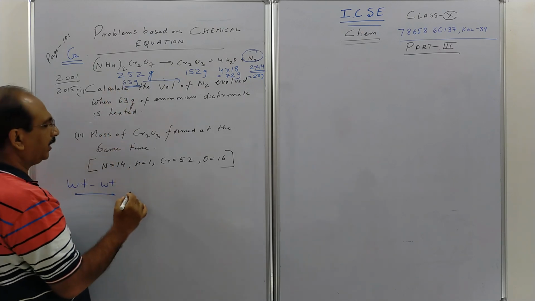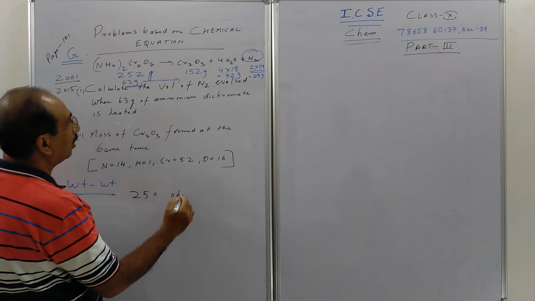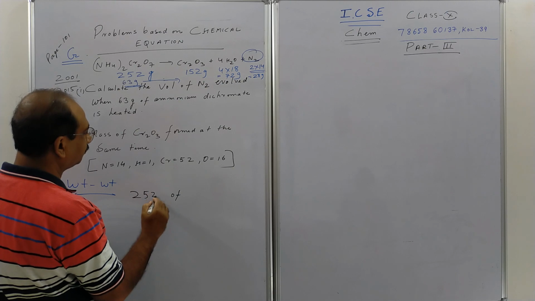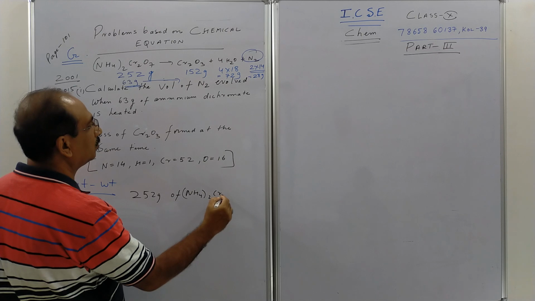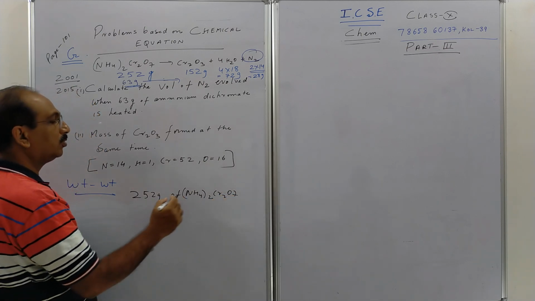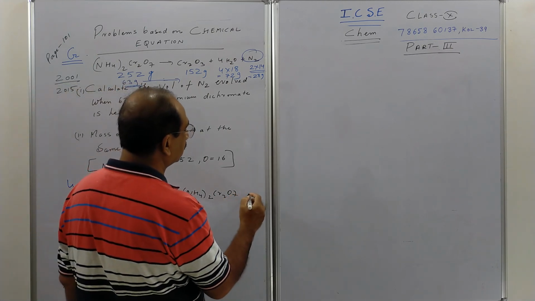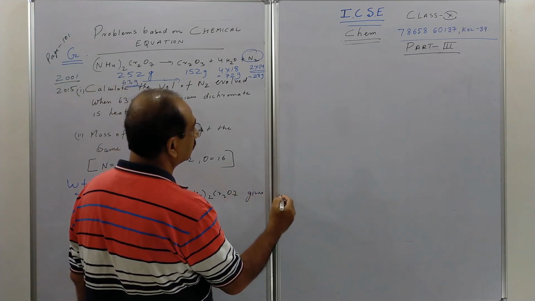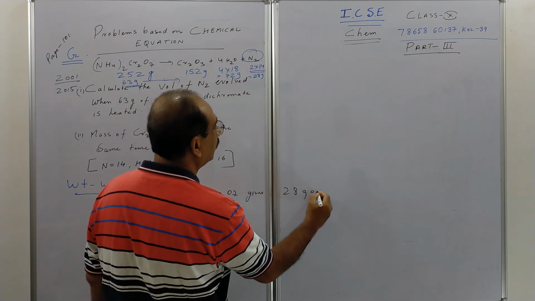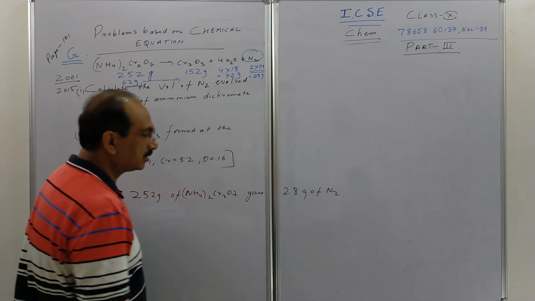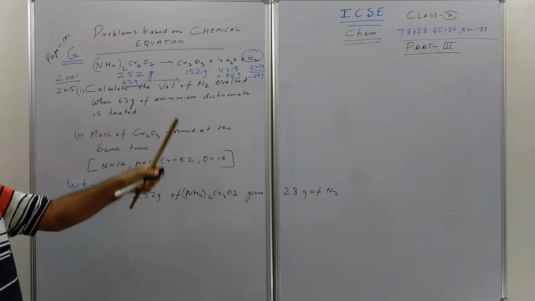If you take 252 gram of ammonium dichromate, (NH4)2Cr2O7, 252 gram of (NH4)2Cr2O7 gives 28 gram of nitrogen gas. But this question is not saying about weight, I'll tell you. So this is the weight relationship.